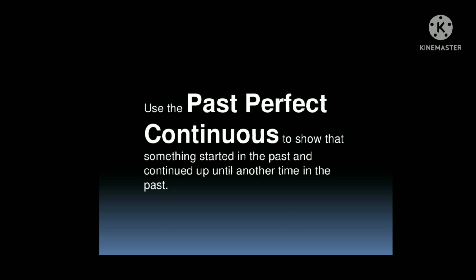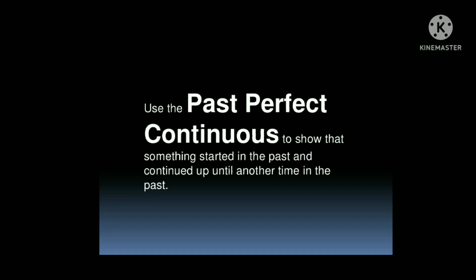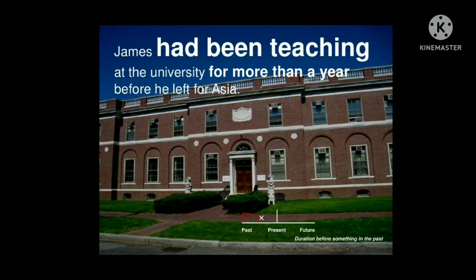Use the past perfect continuous to show that something started in the past and continued up until another time in the past. James had been teaching at the university for more than a year before he left for Asia.